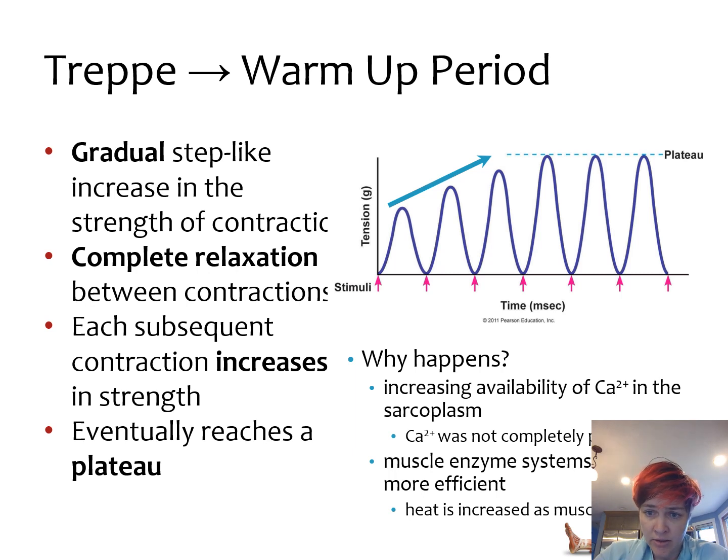It says the calcium was not completely put back into the... right, so we have an increasing availability of the calcium. The muscle enzyme systems become more efficient, so you're getting heat as the muscle contracts. And I think this is also where you get lactic acid eventually. I'm not understanding that. I'm going to have to come back to that. I want to address that in class.